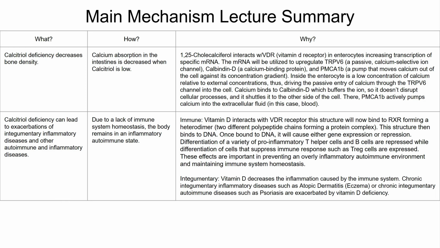Calcitriol deficiency can also cause autoimmune issues because the epigenetic effects of vitamin D repress differentiation of pro-inflammatory T helper cells and B cells, while differentiation of Treg cells, a cell that suppresses immune response, is expressed. The integumentary exacerbations are also due to the over-inflammatory autoimmune environment associated with vitamin D deficiency, which can cause eczema and psoriasis exacerbations.